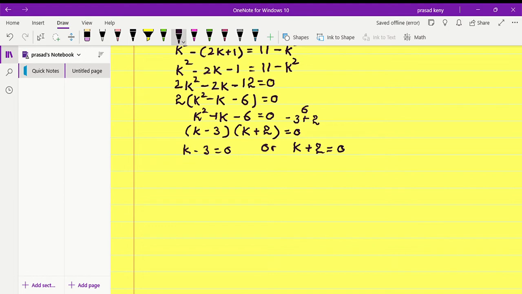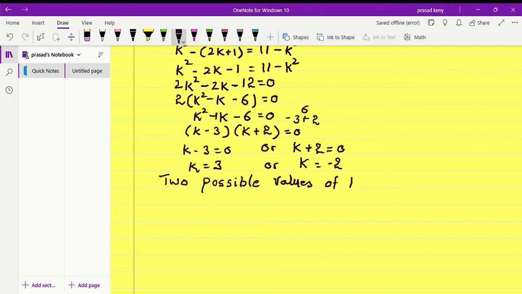And hence two possible values of k are: k is equal to 3, or k is equal to negative 2. So two possible values of k are 3 or -2.